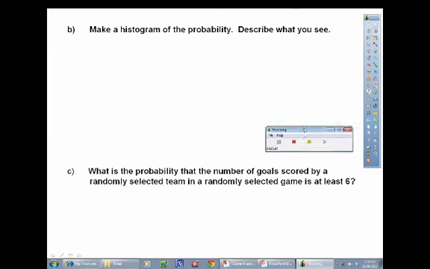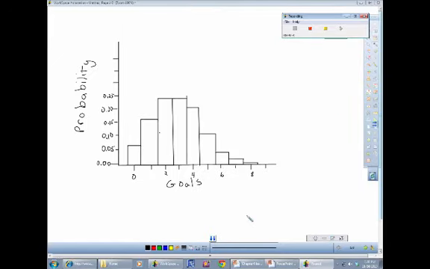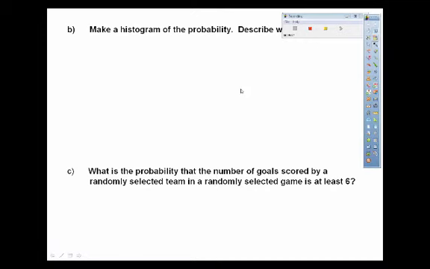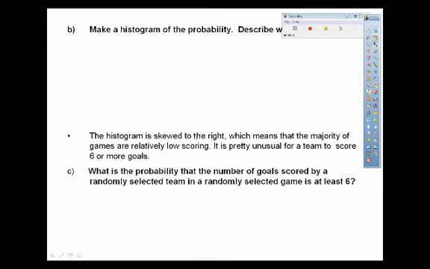Okay, it says make a histogram of the probability and describe what you see. So here's our histogram. The histogram is skewed to the right, which means that the majority of the games are relatively low scoring. It is pretty unusual for a team to score more than 6 goals.